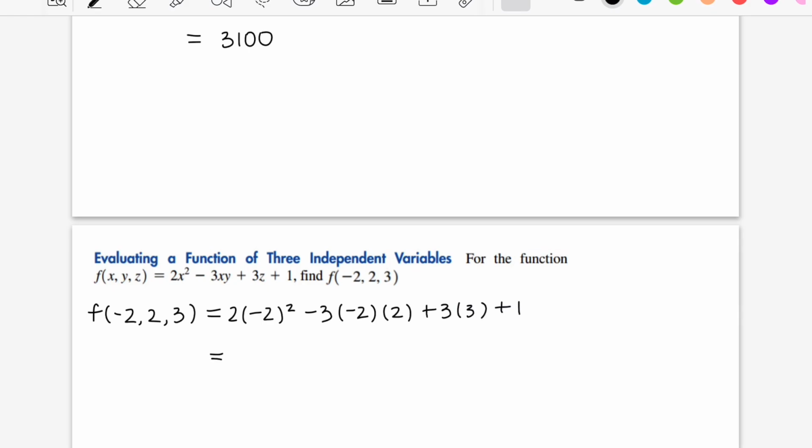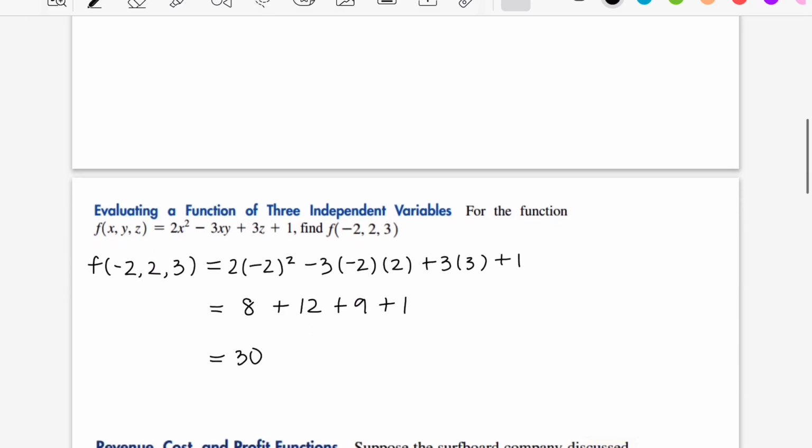So here we'll get 8. Here we'll get plus 12, plus 9, and then plus 1. All right, so this will give us 30.